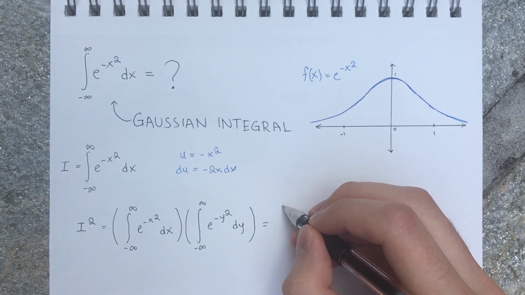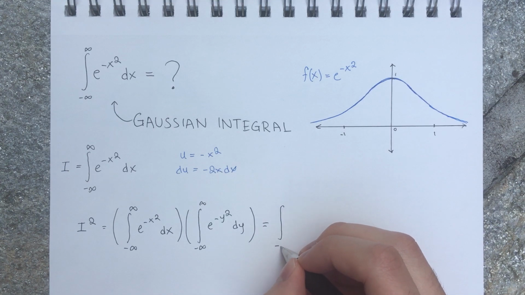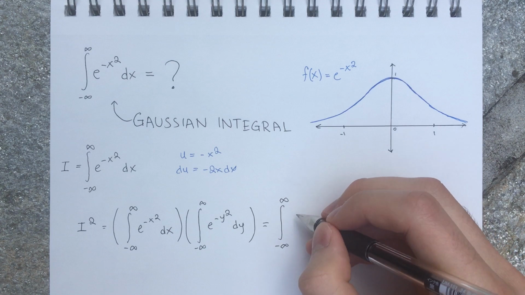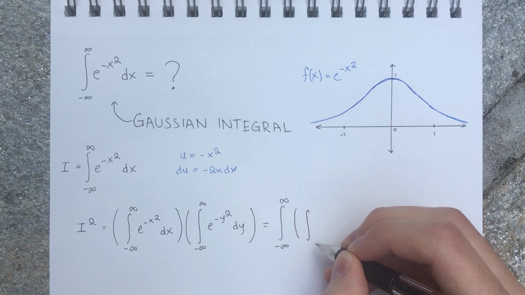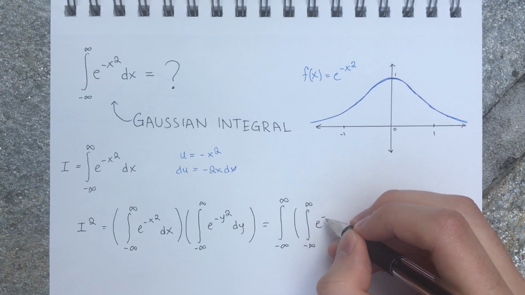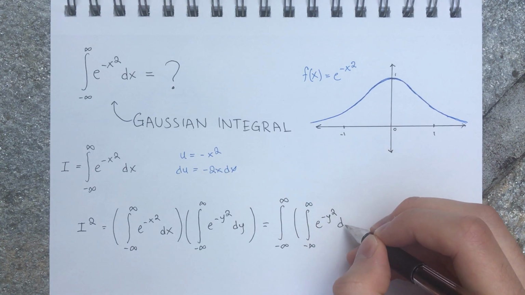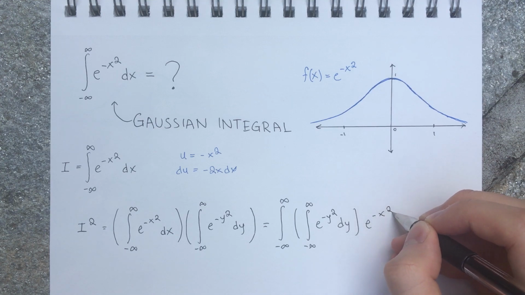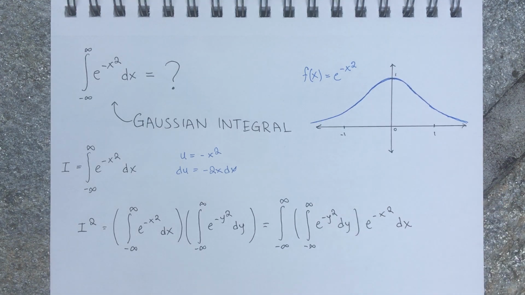So here we'll get negative infinity to infinity. I'll write the integral here. And here we'll have e to the minus x squared dx.